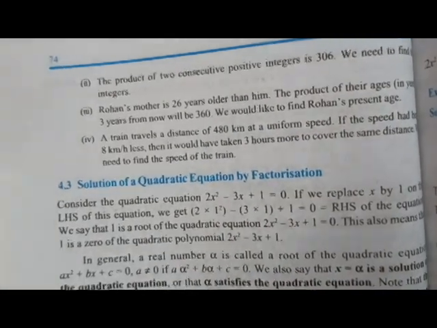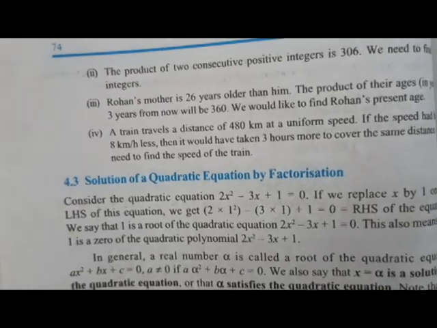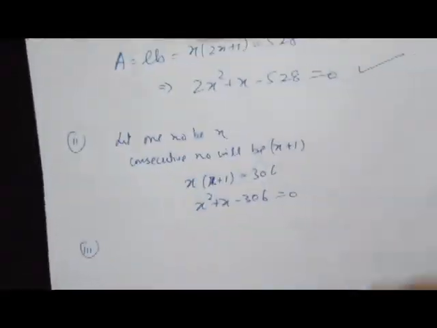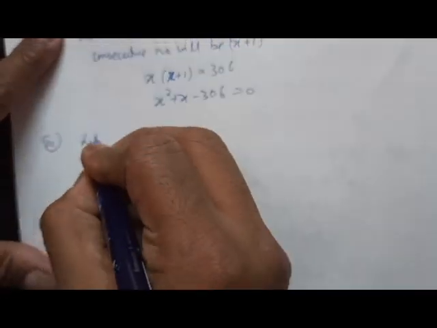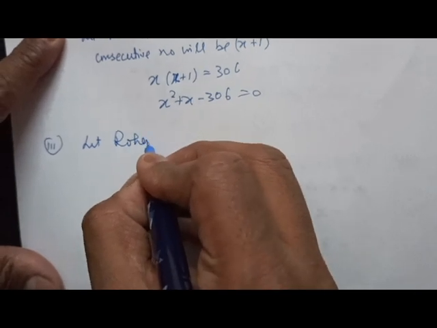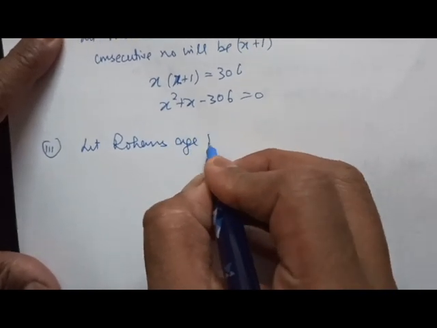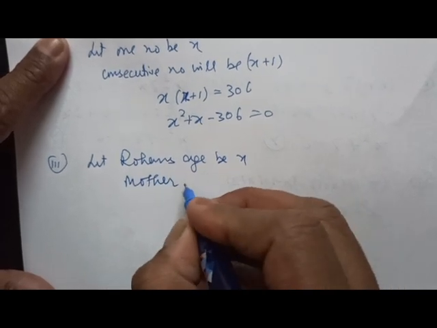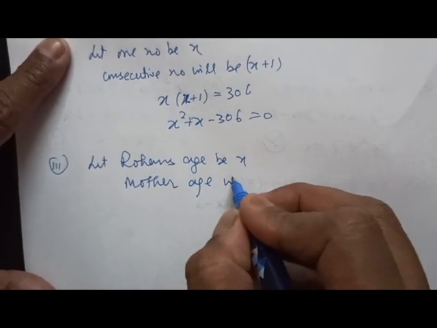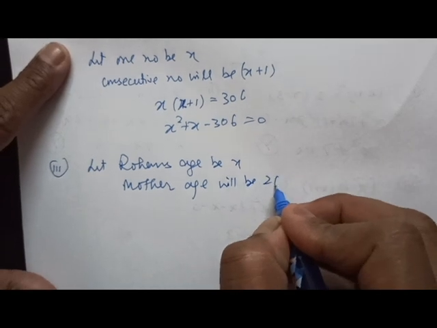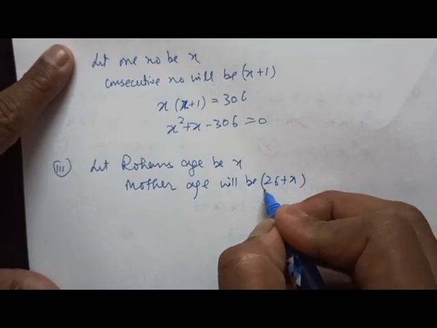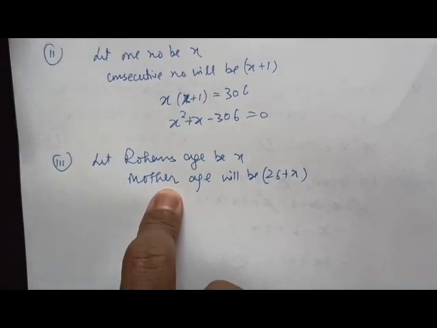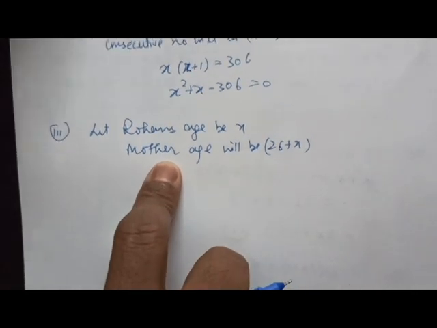So students, we first take, let Rohan's age be x. So mother's present age we are talking about will be 26 plus x, because Rohan's mother is 26 years older than Rohan.